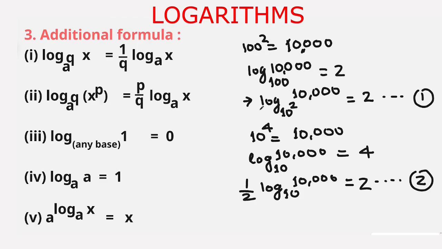Left hand side is log 10,000 base 10 to the power 2 equal to 1 upon 2 log 10,000 base 10, and this is nothing else but the formula 1, log x base a to the power q equal to 1 upon q log x base a. I hope you have understood the numerical proof of the above formula. Now I erase this and we go to the next formula.